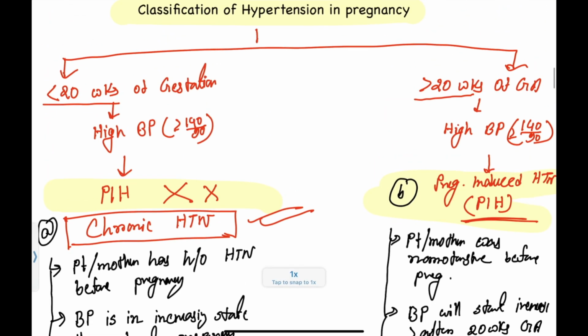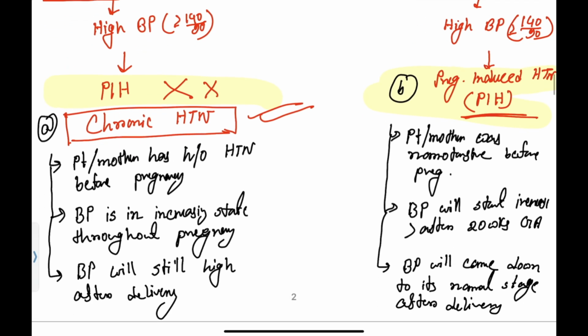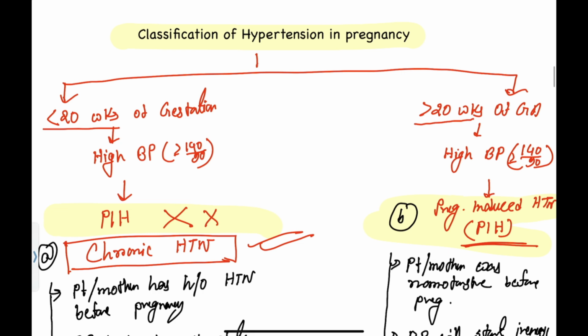So listen carefully. Hypertension in pregnancy is majorly classified as chronic hypertension and pregnancy induced hypertension. So what is chronic hypertension? If the mother has elevated BP before 20 weeks of gestation, the mother is already suffering from hypertension, and that means the mother is somehow taking blood pressure medications.